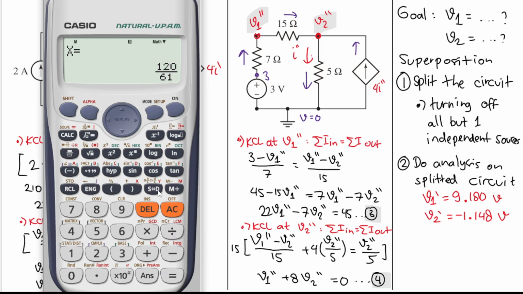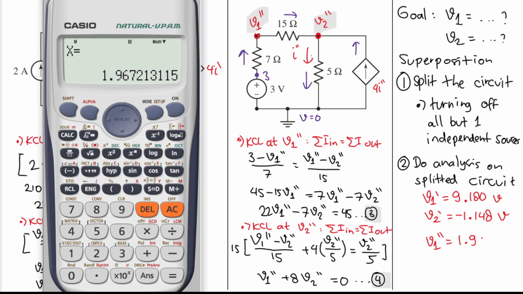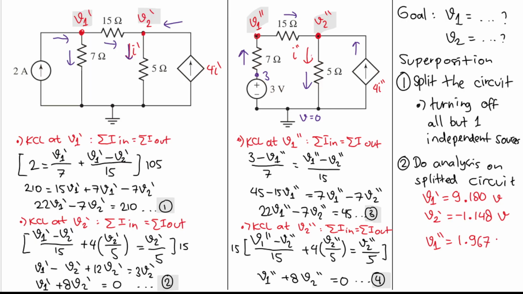And we will have our x value here, which is V1 double prime, 1.967. Okay, we have V1 double prime, that will be 1.967 volt.